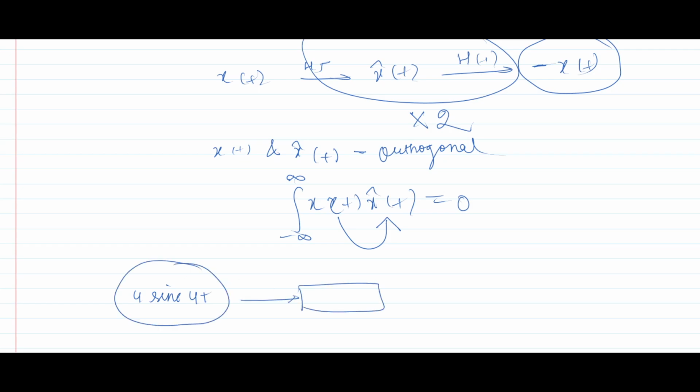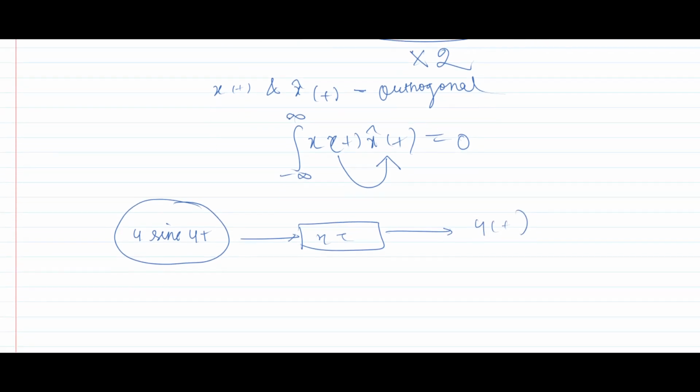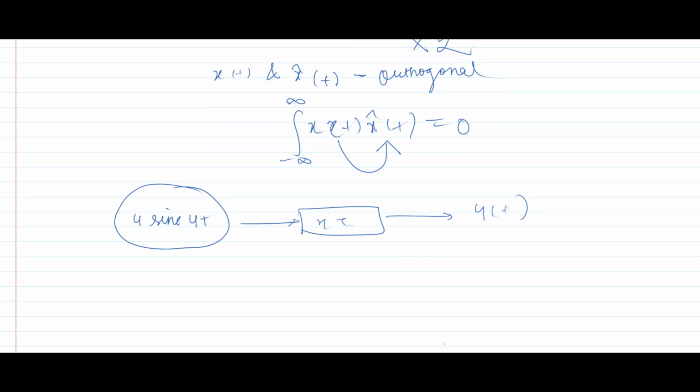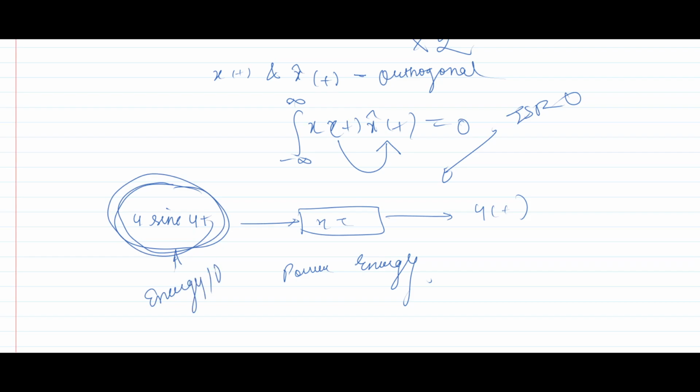You pass it through a Hilbert transform and you get y(t). After passing through Hilbert transform, it is generally asked what will be the power of the signal, what is the energy of the signal. So when this question came in ISRO, everyone got confused, like they were taking the Hilbert transform, taking 90-degree phase shifter. But you need to remember the property, according to which the energy and power will remain the same whether you do Hilbert transform or not.